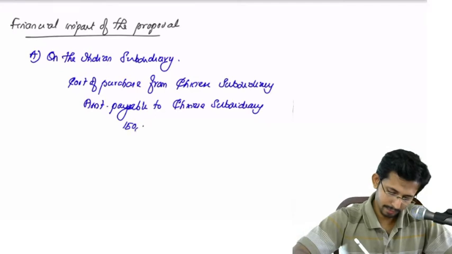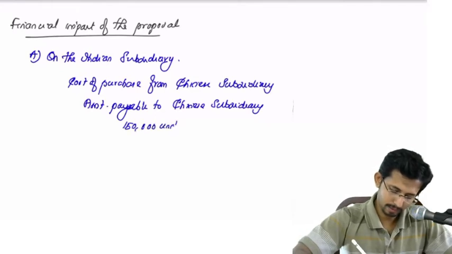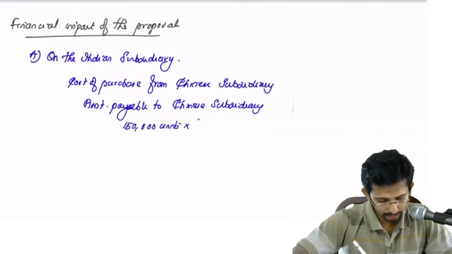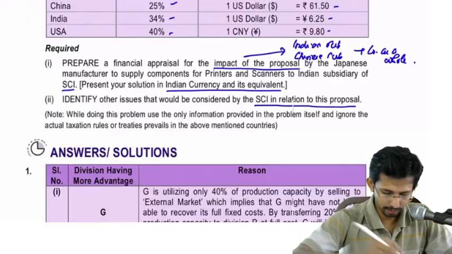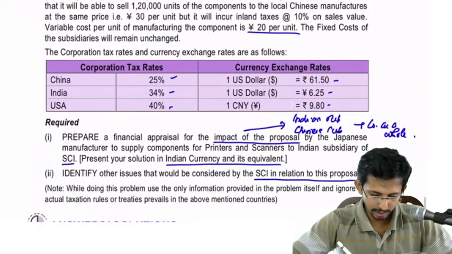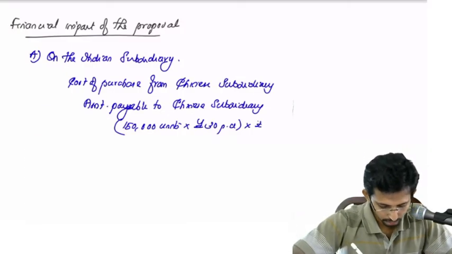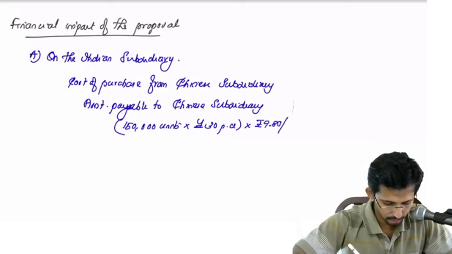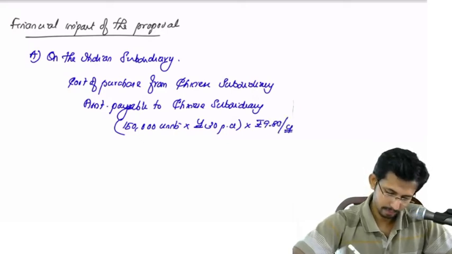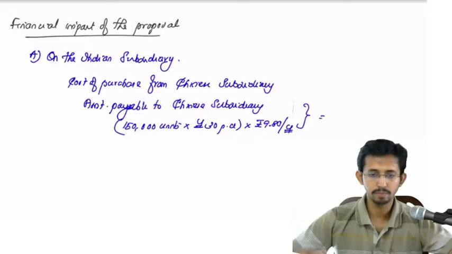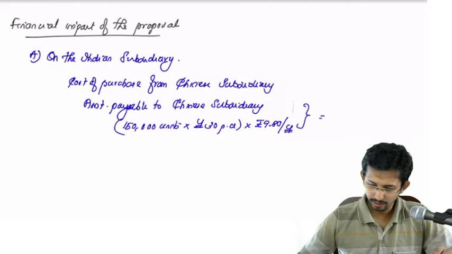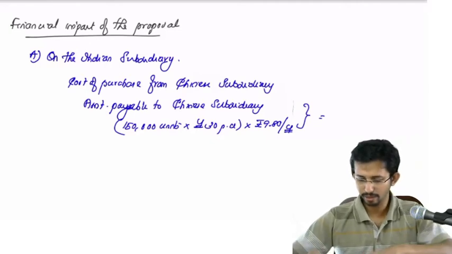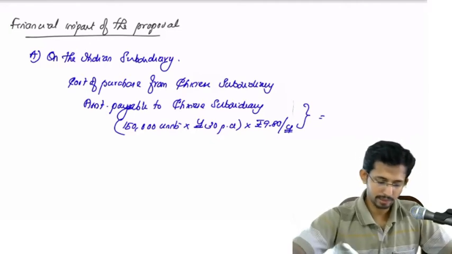It will be 1,50,000 units into, what is the rate? 30 per unit. And what is the exchange rate? Exchange rate is given to be 9.80 rupees per yuan. Okay, that is equal to 1,50,000 into 30 into 9.8 will be 4 crore 41 lakhs.